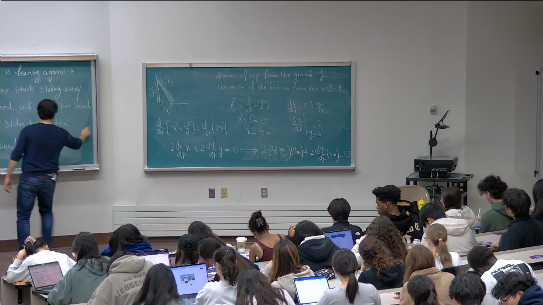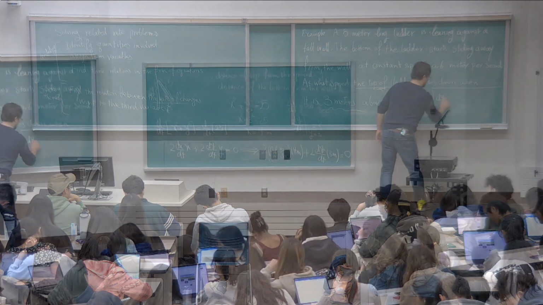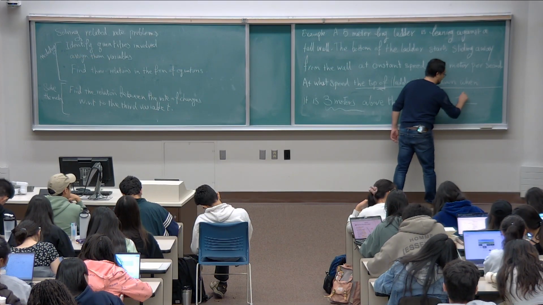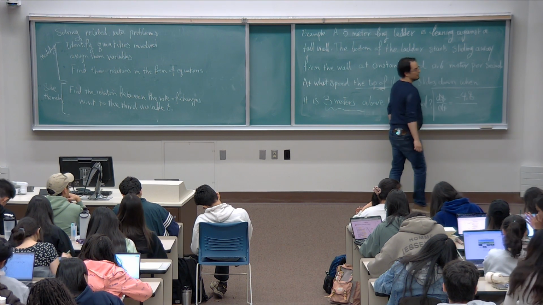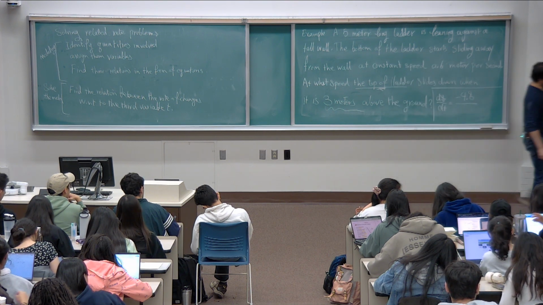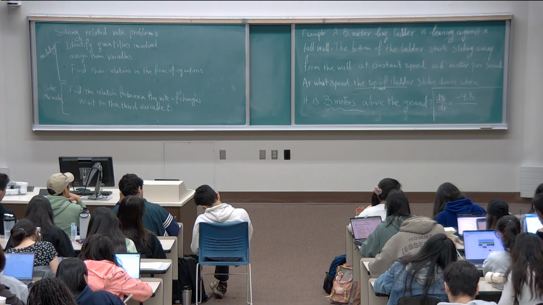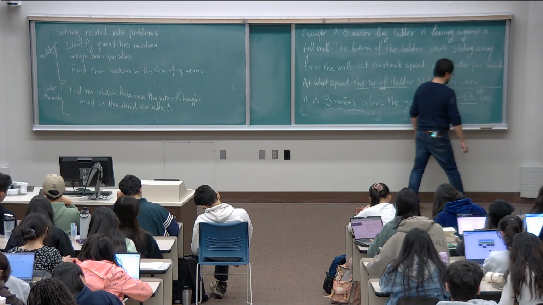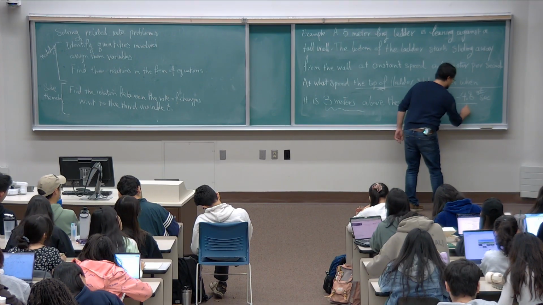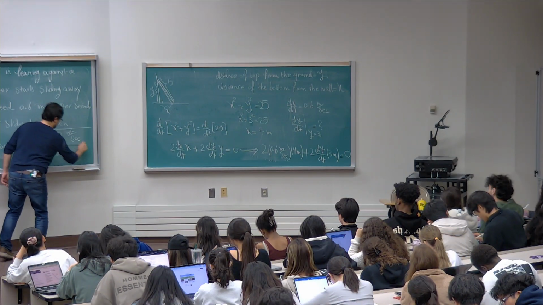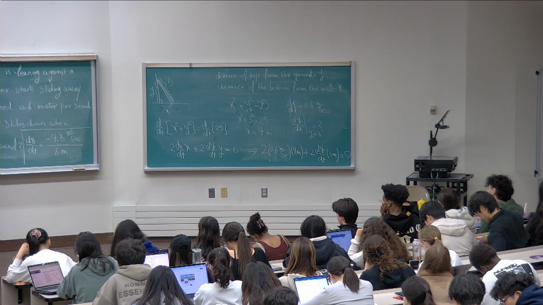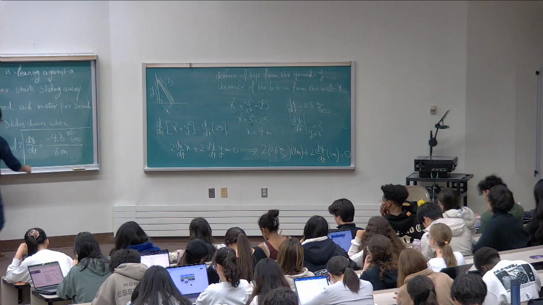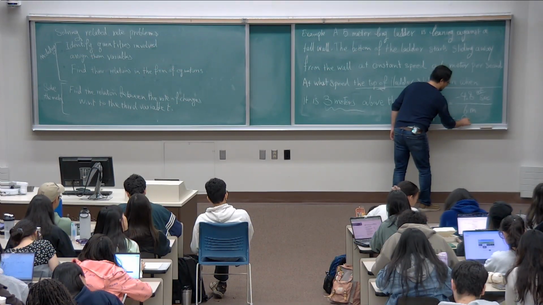So dy/dt is going to be negative 4.8 meters squared over second, divided by 6 meter. And that is negative 0.8.